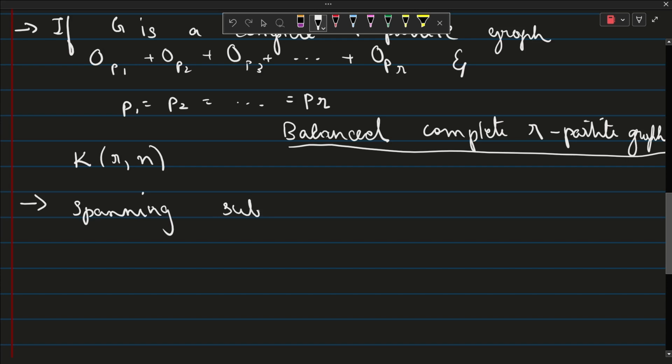Spanning subgraph of balanced. Before going to this, let me tell you what is a spanning subgraph.